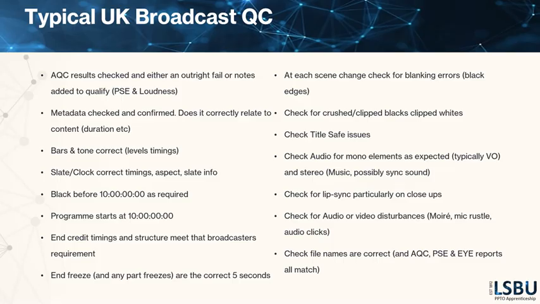So one common error that we see is someone uses an O instead of a 0. If you use an O instead of a 0, that's incorrect. It might not pass through the automated process. So you always have to make sure that the file names are correct, and they're correct on every single ancillary bit of data, such as the AQC that you provide.